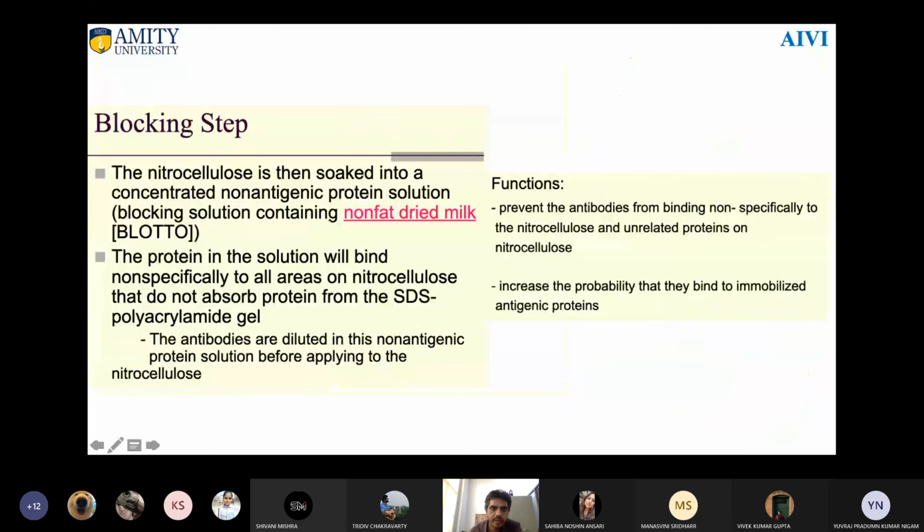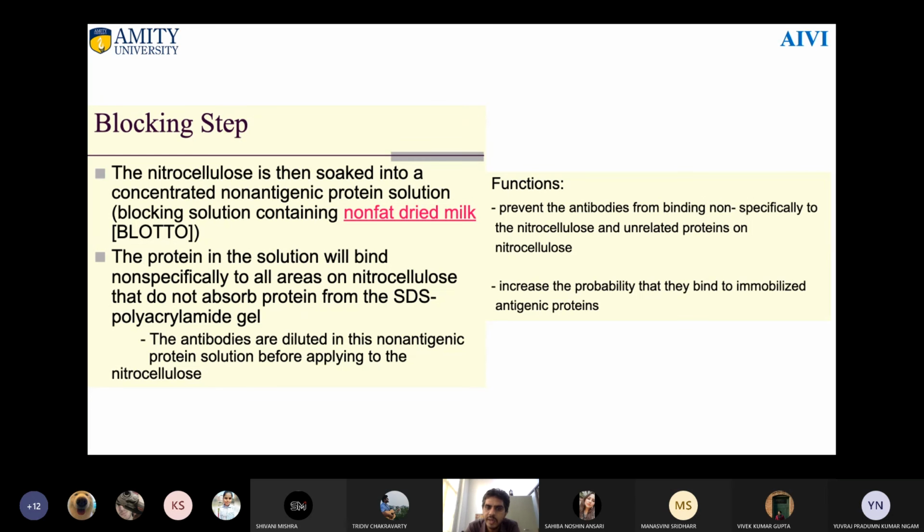Okay, and then the next step is the blocking. So blocking, as we do in northern blotting and southern blotting, here also you go for the blocking. There we do it using DNA or RNA, but here we want to block the protein, so blocking is to be done with protein only. For the blocking you can use two different types of protein.